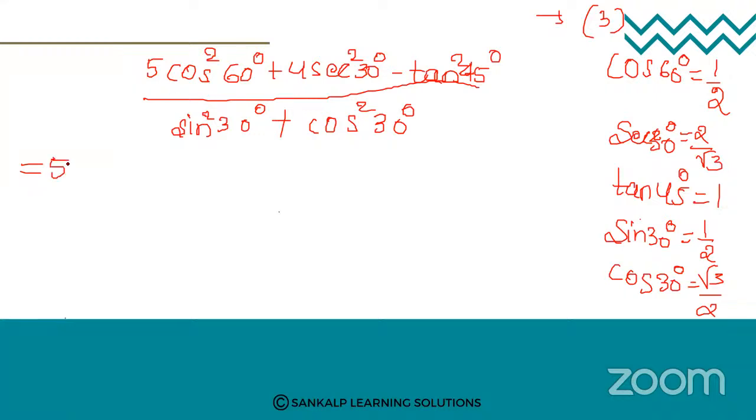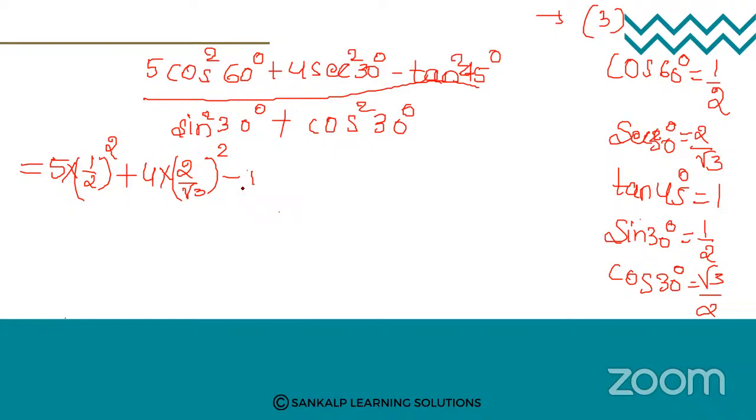That is 5 into cos square 60 degree. Cos 60 degree is 1 divided by 2. Cos square means put square, right? 4 into sec 30 degree. Sec 30 degree is 2 divided by root 3. Sec square means 2 divided by root 3 whole square minus tan 45 degree is 1.